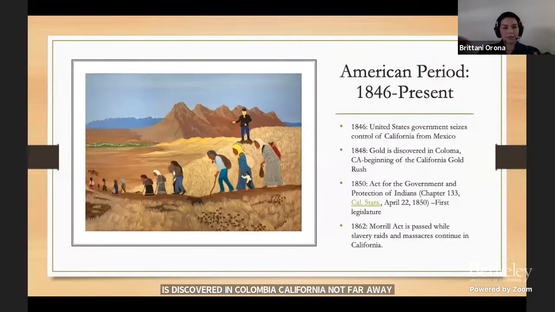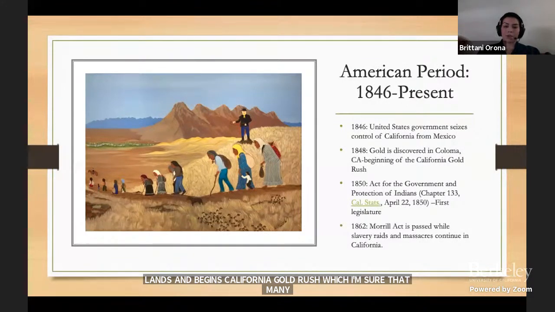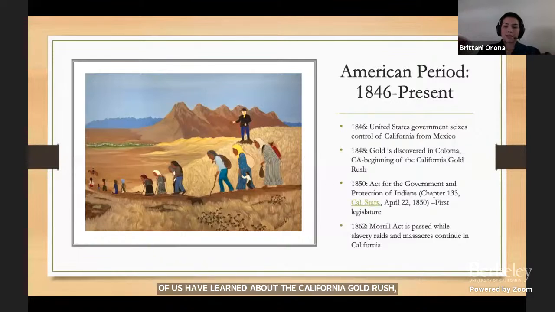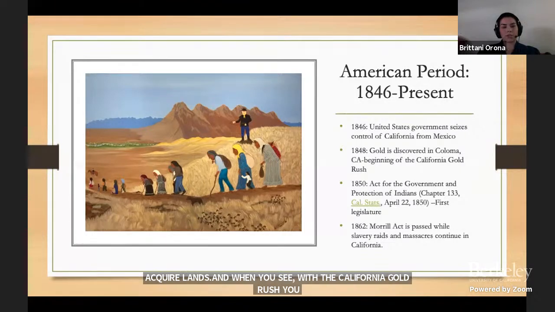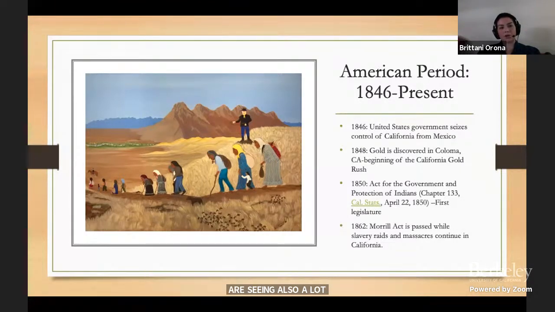And it begins the California Gold Rush, which I'm sure many of us have learned about. And if you haven't, it was an influx of American and immigrant settlers coming into the state to acquire lands. With the Gold Rush, you're also seeing a lot of environmental degradation. So hydraulic mining, which blows mountainsides apart and causes damage that is present to the current day.